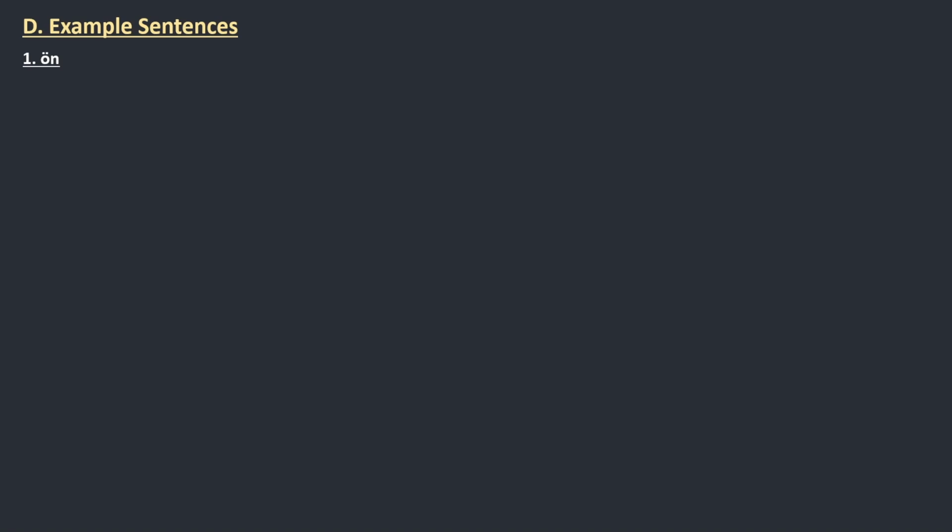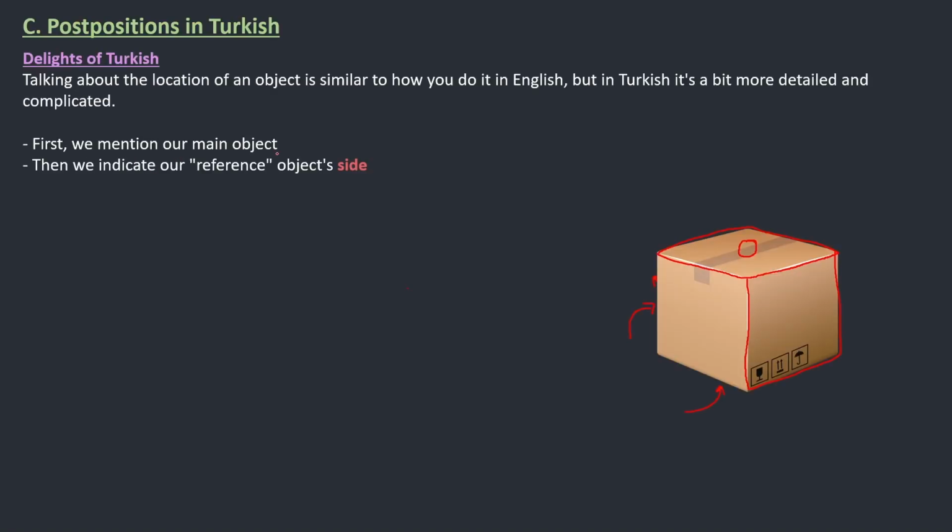So for example, I will start with this. The cat is behind, wait, not behind, ön. We are starting with ön. In front of the car. So remember the rule. I'll go back. This rule.